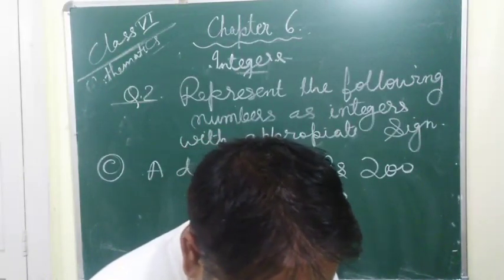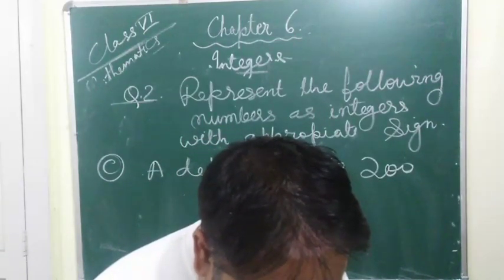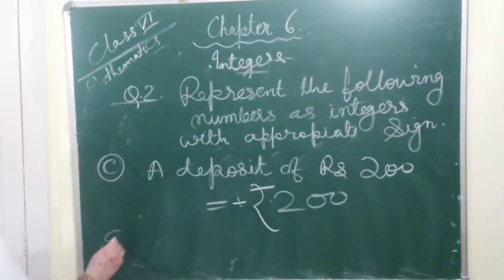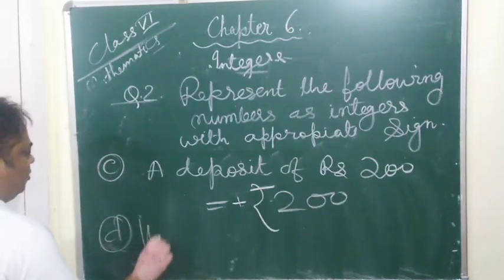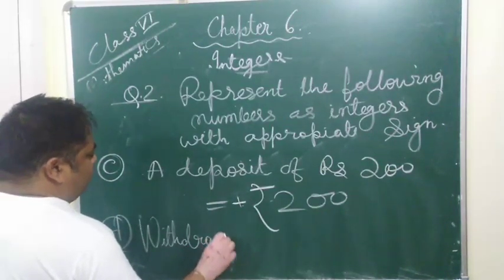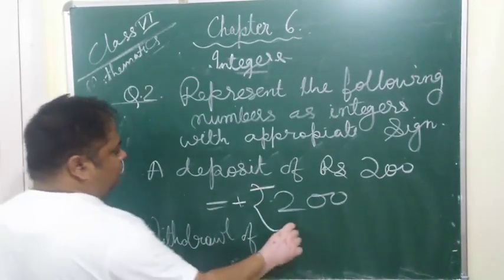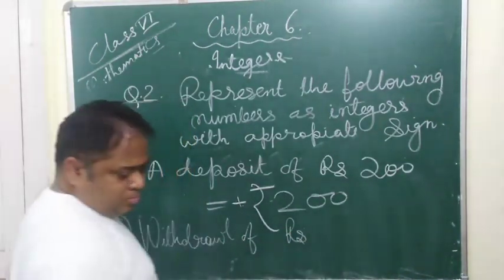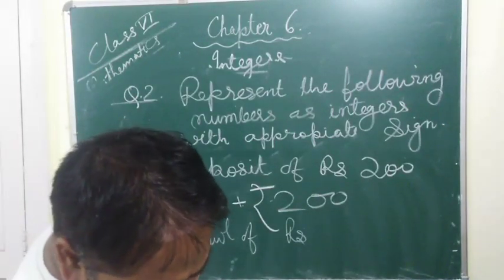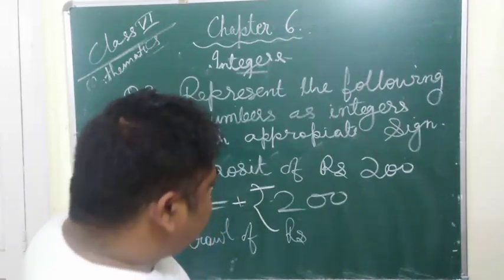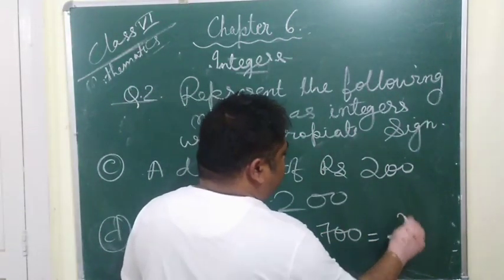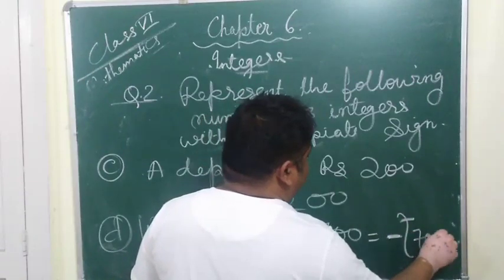Next is D, withdrawal of rupees 700. It will be minus rupees 700.